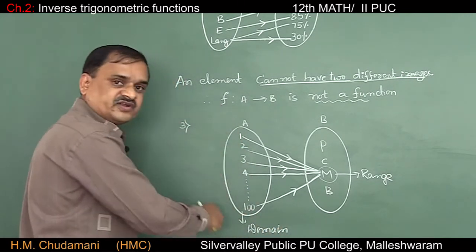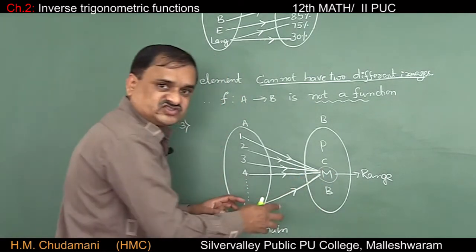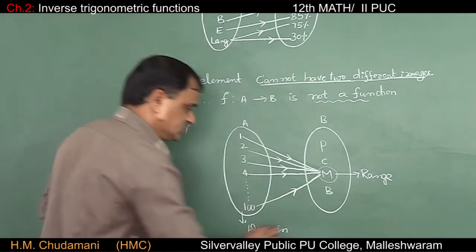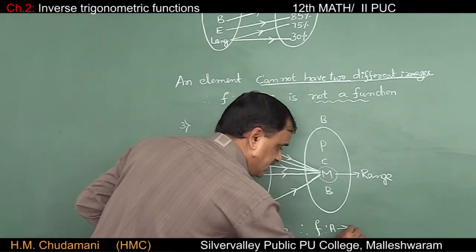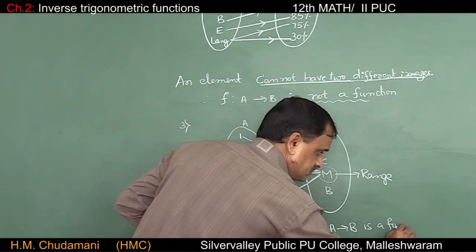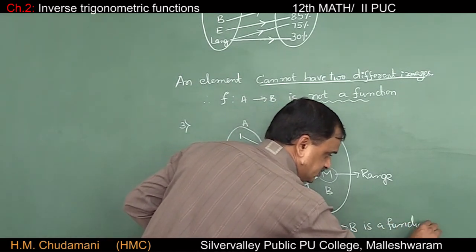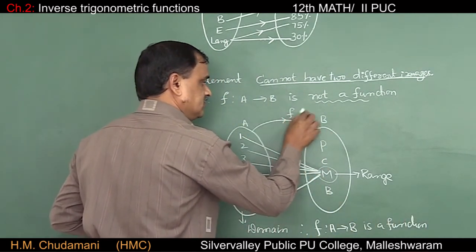Correct, the set of students forms the domain and the mathematics teacher becomes the range. So clearly F from A to B is a function.